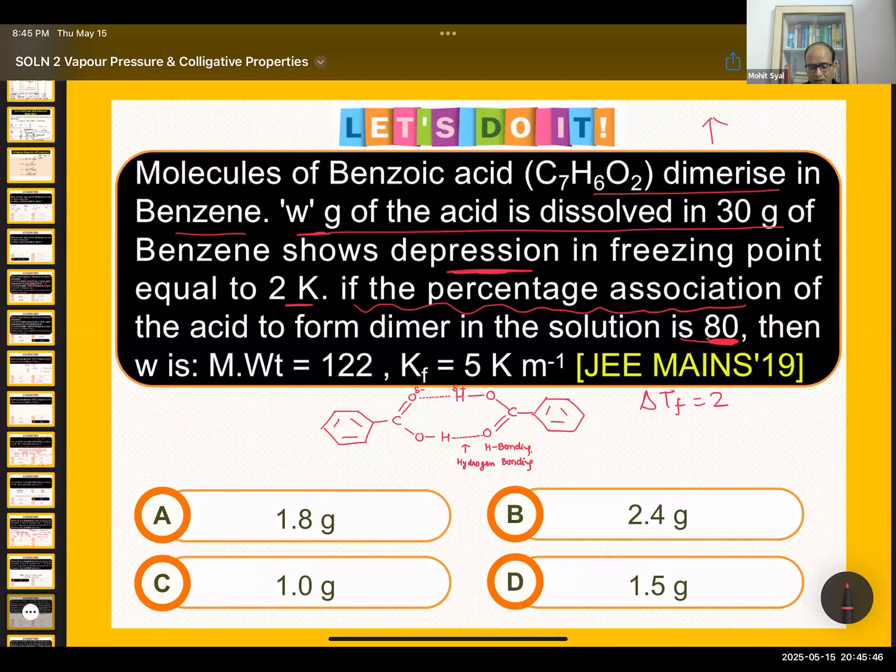So 80%, either you can take 100 molecules, out of 100, 80 will form dimer, and those who are forming dimer are getting half, as 40. It is like this, or you can continue it in this way. I will write the formula here also. This is the formula for benzoic acid, PhCOOH we can write, or we can write the complete structure.